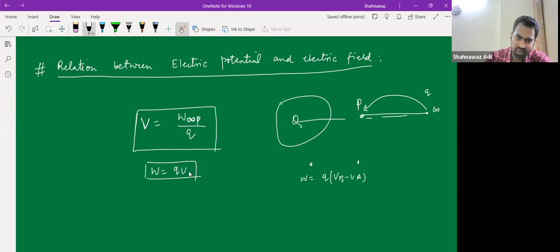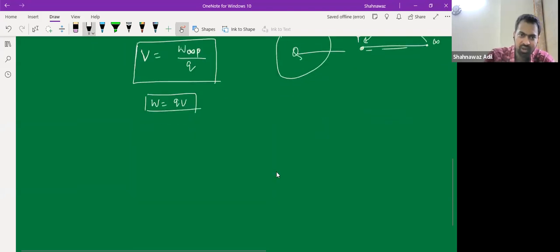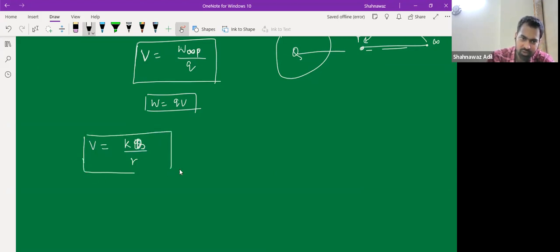But whenever we have a single potential, not a potential difference, the work done is simply Q into V. Then we calculated the electric potential of a point charge, which came out to be KQ by R. This was the source charge, not the test charge.